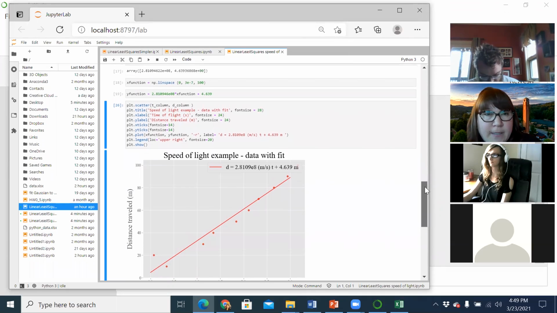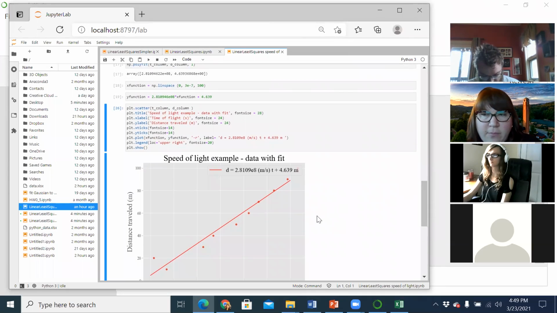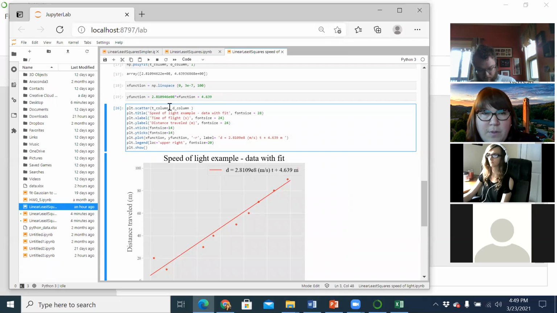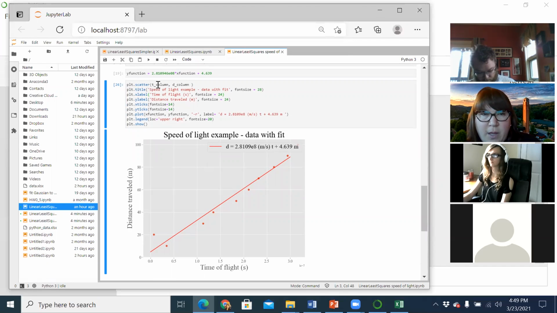In order to build that line, I created a corresponding y function array of the y values that correspond to the x values, using the slope up here as my m and the y-intercept up here as my b. Then I again plot just the points with a scatter plot command, with some font and font size stuff and naming of axes.